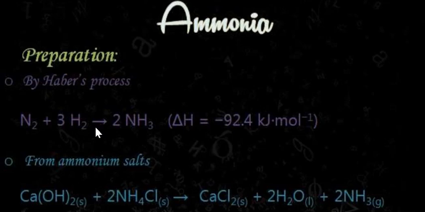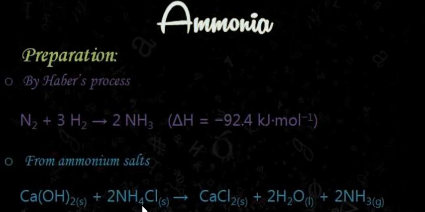And it can also be prepared from ammonium salts. From the ammonium salt, it can be prepared on a small scale. Ammonium salts decompose when treated with caustic soda or lime.